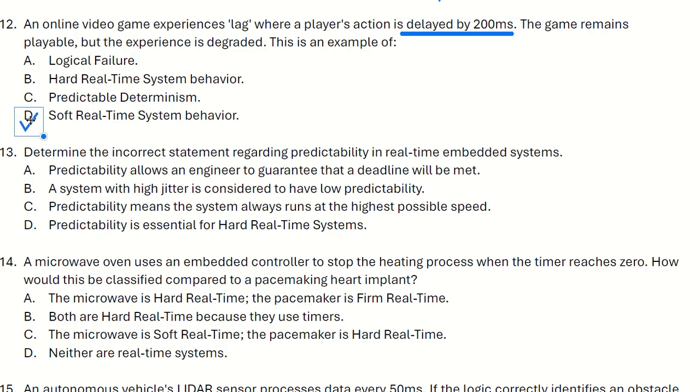Soft real-time system. Firm real-time system? Logical correctness fail? Actually, it's not a fail, because it's still playable, just the experience is not good. Predictable determination also no. Hard real-time definitely no. If hard real-time missed a little bit, it should have failed already. So the only answer here is soft real-time system.